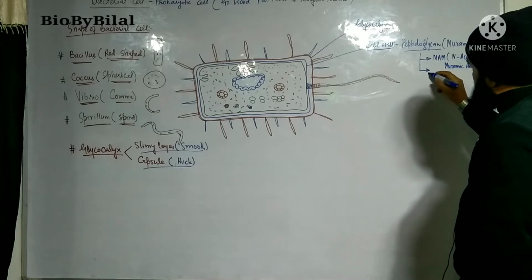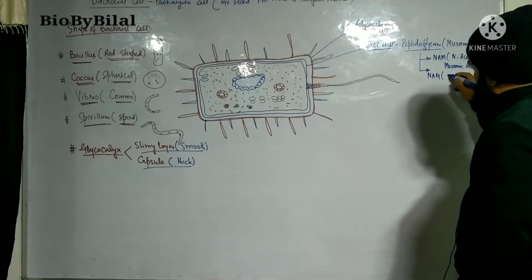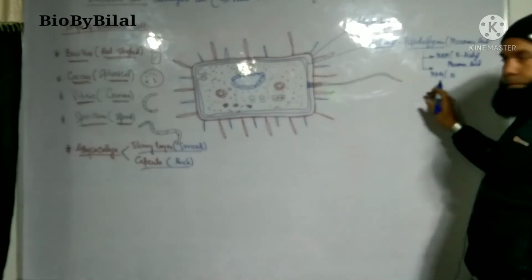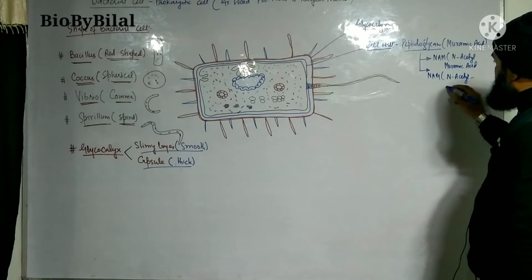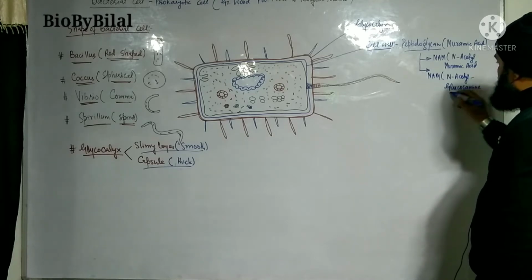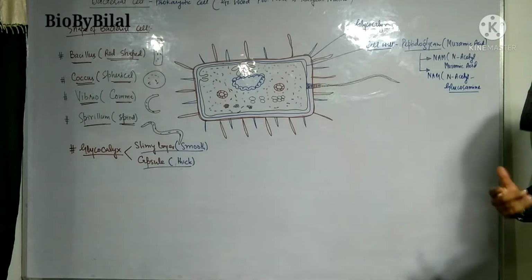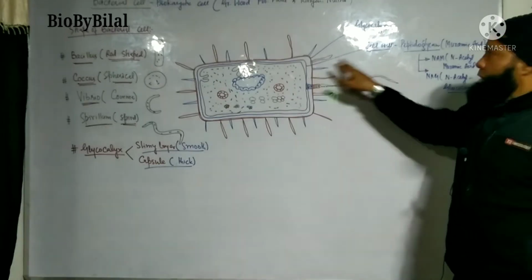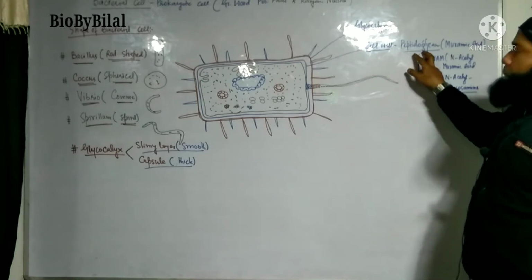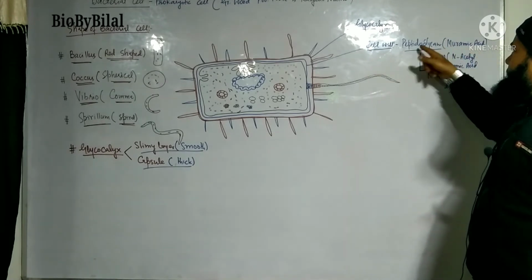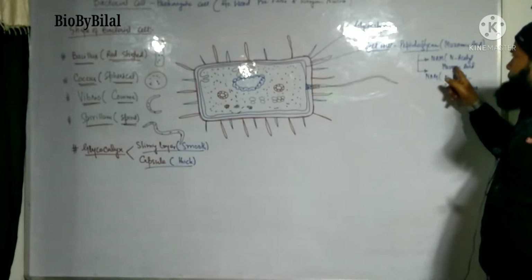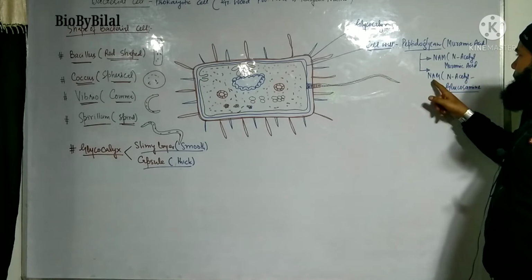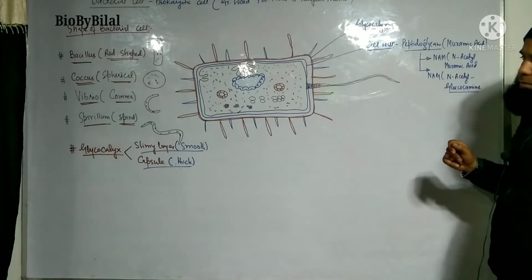Remember these 2 points. Again I will tell you that the cell wall of the bacteria is actually made up of peptidoglycan. It is made up of 2 materials. One is called NAM, which means N-acetyl muramic acid, and NAG means N-acetyl glucosamine.